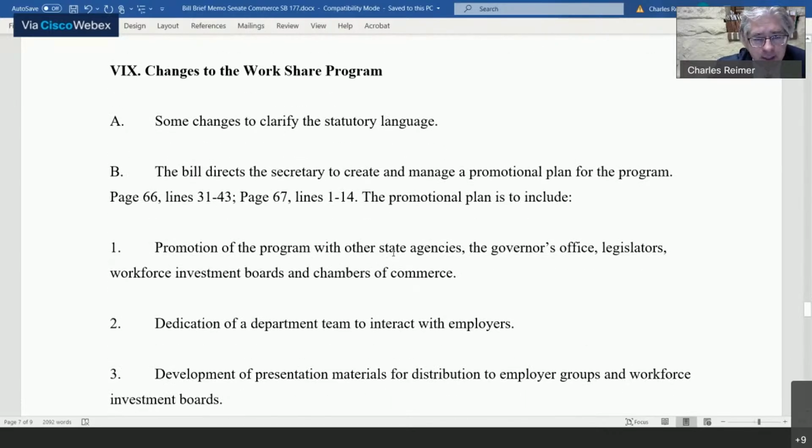The bill makes some important changes to the work share program. Probably one of the most significant is the bill directs the secretary to create and manage a promotional plan for that program.